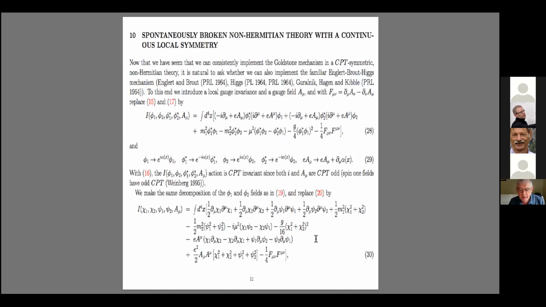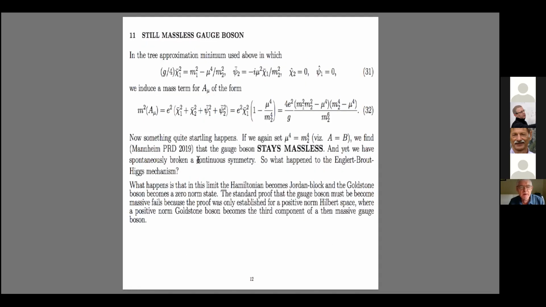Now let's look very, very carefully at the mass because it becomes very interesting. It contains a term that goes like 1 minus mu to the 4 over m2 to the 4. But we saw a moment ago that if mu to the 4 is equal to m2 to the 4, then the gauge boson becomes 0 norm. And the theory becomes Jordan-Bloch.